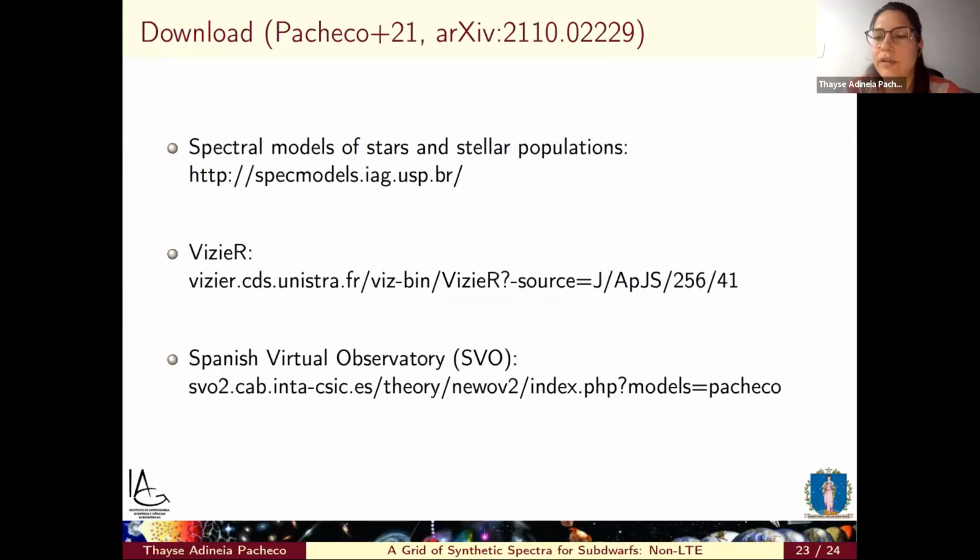So the convection treatment is different. We also have some difference in the UV part of the spectra. So if you are using convection, you need to use T-lusty 208.